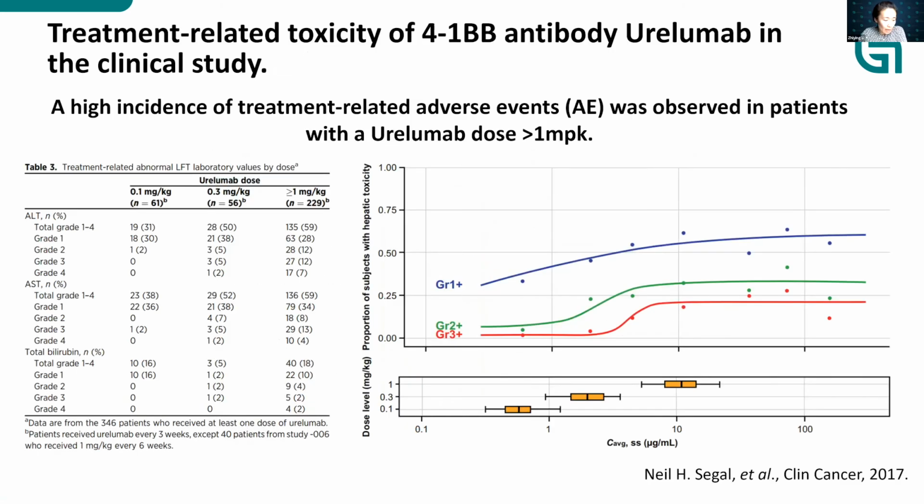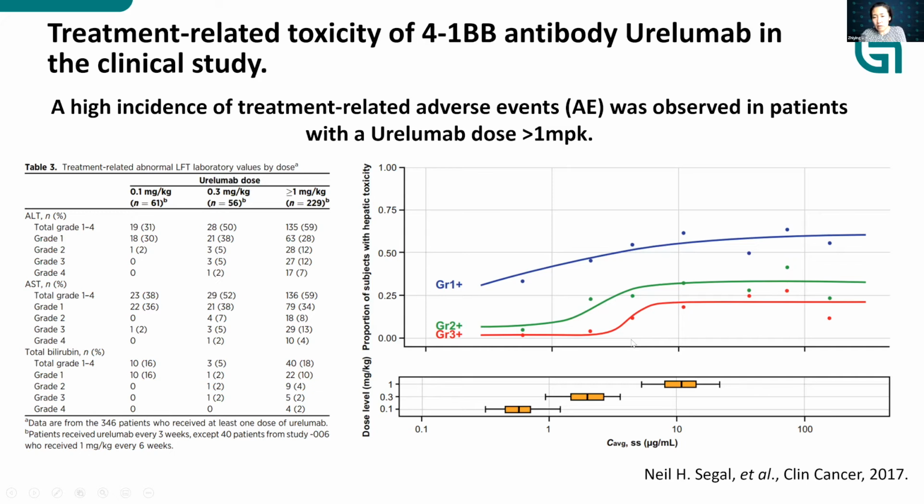Using a 4-1BB antibody, urelumab, as an example, this is a publication in 2017. As the dose of this antibody increases from 0.1 to 0.3 to 1 milligram per kg, the intensity and broadness of the adverse effect increases, from level 1 until level 3.